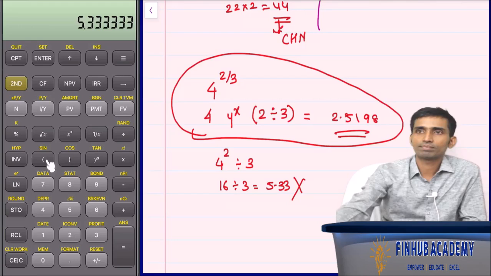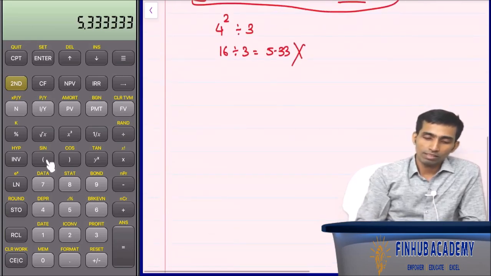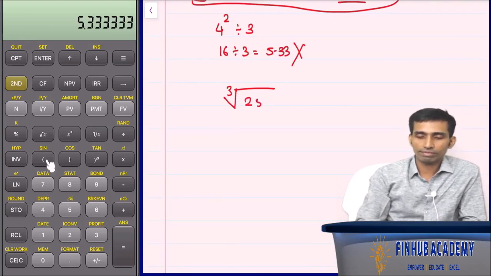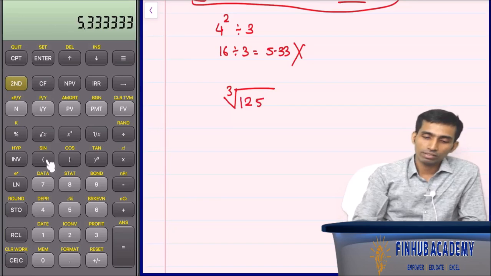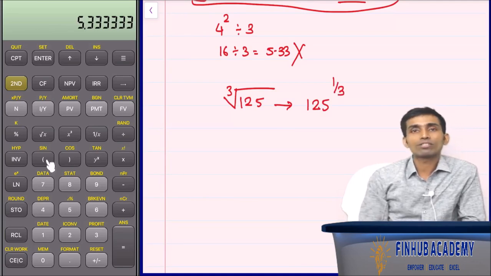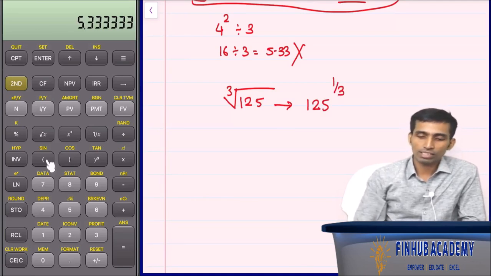Let's say we have to take the cube root of 125. So we know that, okay, I am purposely doing this, this can be written as 125 raised to 1 by 3. Correct? I will take 125 on my calculator.